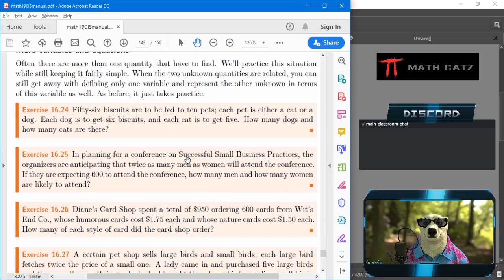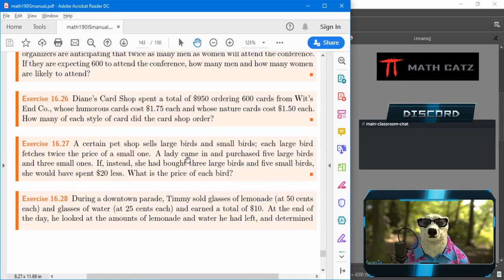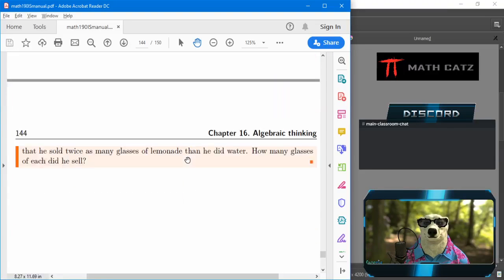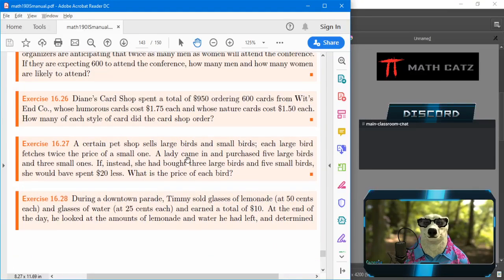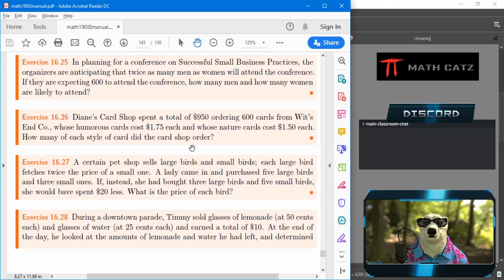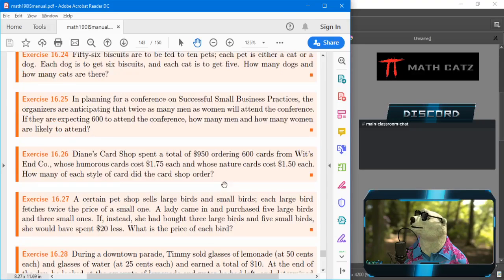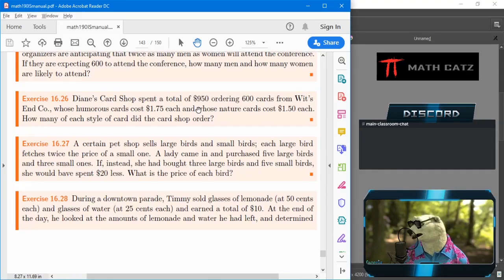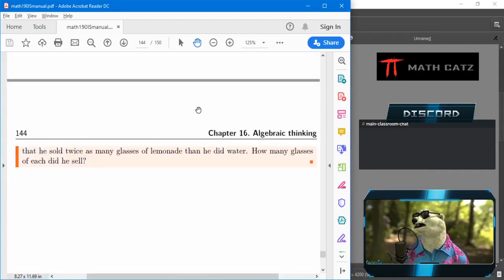Not a ratio equation necessarily. No, actually, I don't think any of them are ratio equations. And it's just a matter of building that experience. Some are more complicated, like the birds, small bird, large bird. I definitely have to slow down according to the complexity. Some are more straightforward. It's just a matter of building the experience.